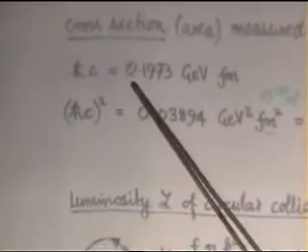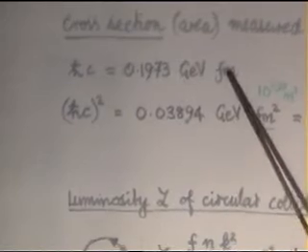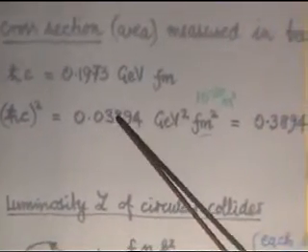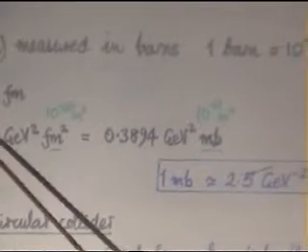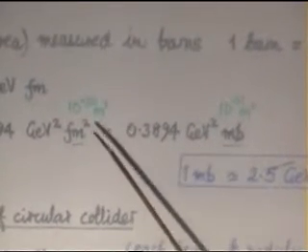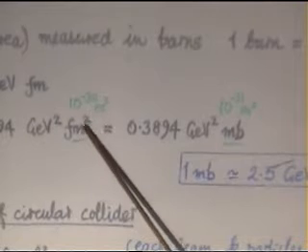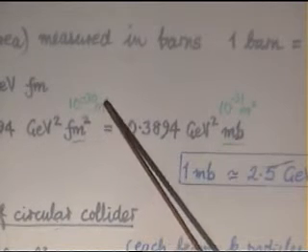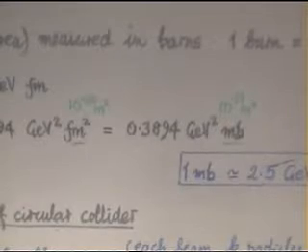Well, we start with what we had before, that h bar c is of the order of 0.2 GeV Fermi, and we square it to get GeV squared Fermi squared. And Fermi squared, remember Fermi is 10 to the minus 15 of a meter, so Fermi squared is 10 to the minus 30 meter squared. And I want to write it in millibarns, which is a thousandth of a barn, so that's 10 to the minus 31 meters squared.